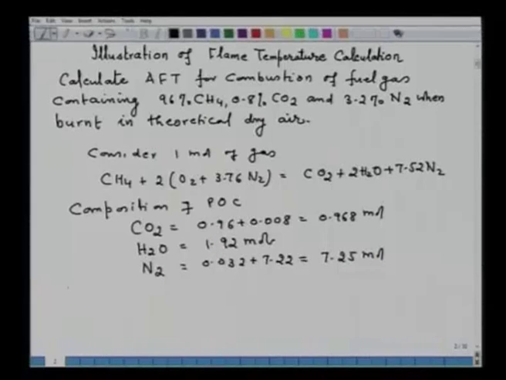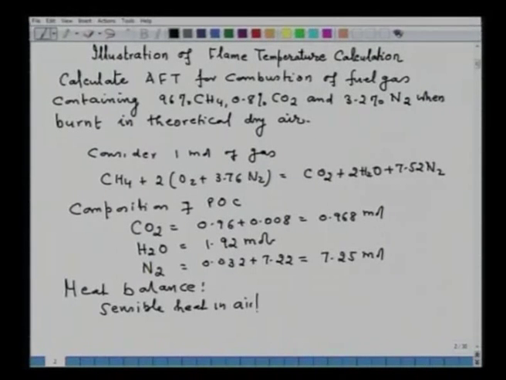Now, in order to do heat balance, I write down again the heat balance is: sensible heat in air or fuel plus heat of combustion, that is equal to heat in POC.